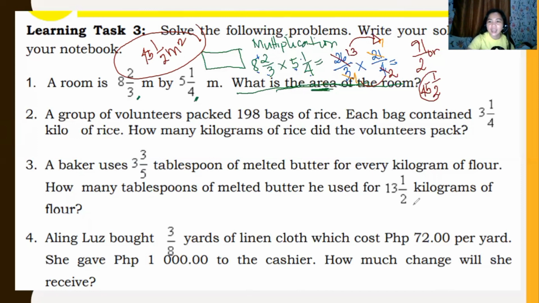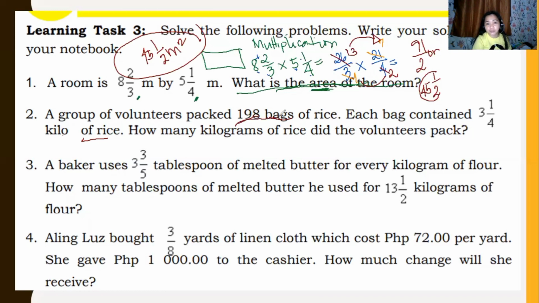Wala akong sulatan. Alright. Now, here in number 2, a group of volunteers pack 198 bags of rice. And then, each bag contains 3 1/4 kilos of rice. How many kilograms of rice did the volunteers pack?